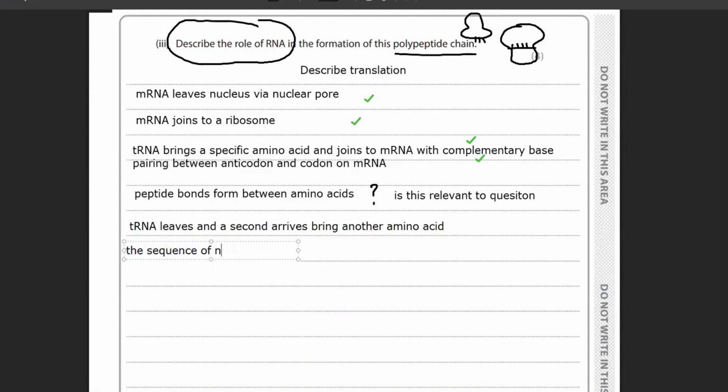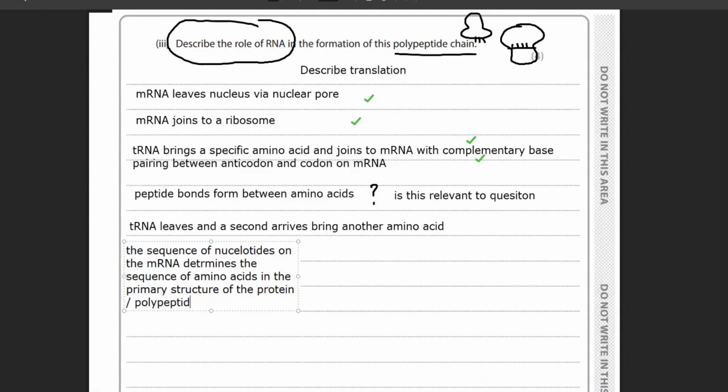So the sequence of codons or the order of the nucleotides on the mRNA, i.e. if it's CGG or GCG, whatever the order is of the nucleotides on the mRNA, that is going to determine our sequence or order of amino acids. And this forms the primary structure of the polypeptide. So it's the order of the nucleotides that forms the sequence of amino acids in the primary structure of a protein.